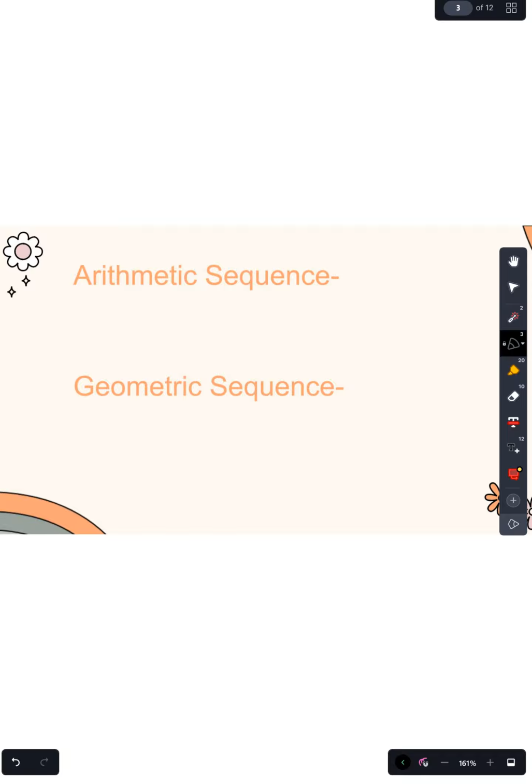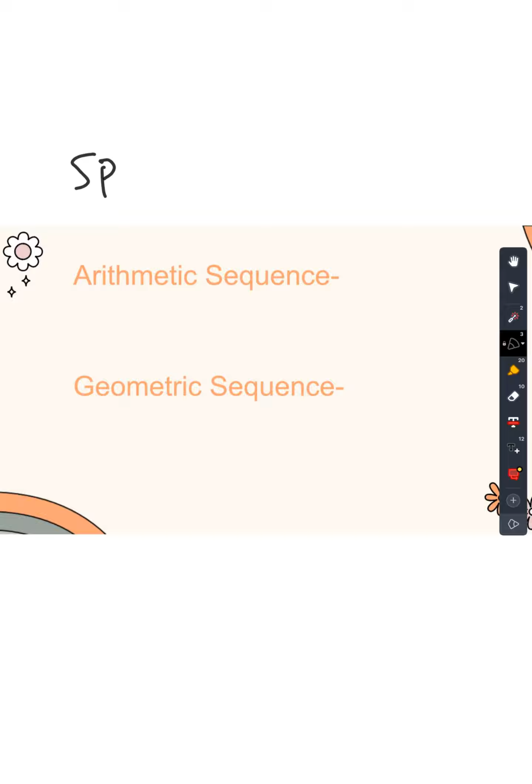Hopefully we recall our two special sequences that you've seen in the past. We're going to be dealing a lot more with series than we are with sequences, but sequences lead into series. And so we're going to learn all about the different types of special series that are out there.